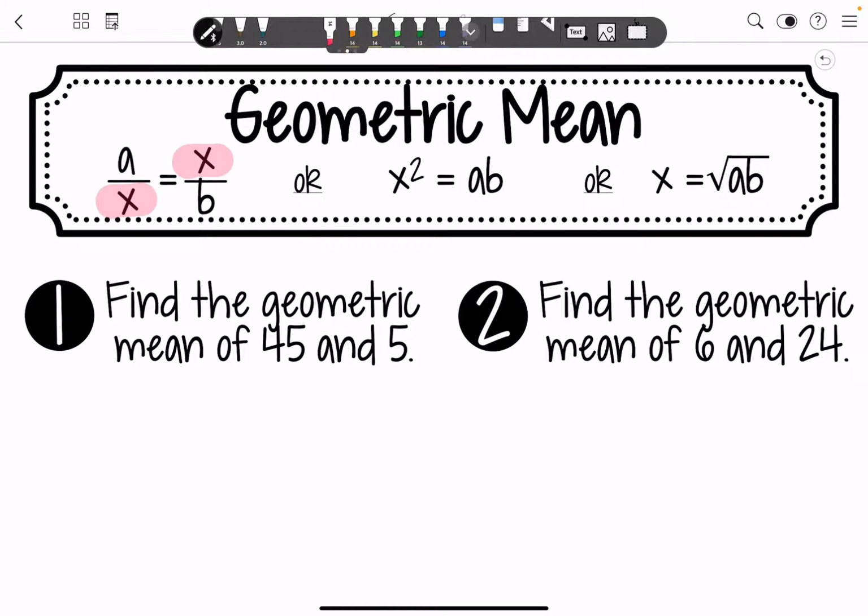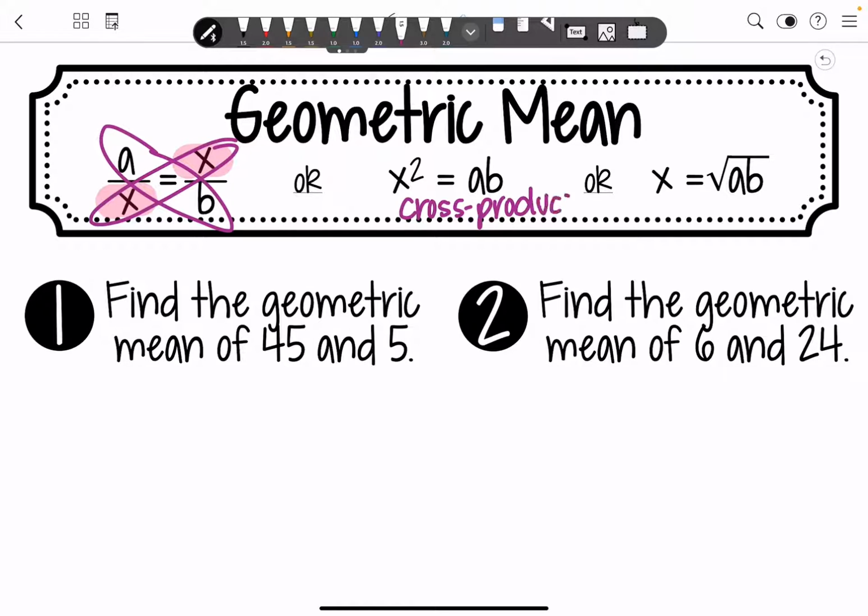And what you're going to end up doing is cross multiplying. When you cross multiply, you get the following cross products: x squared, x times x, is equal to AB. So these are your cross products.